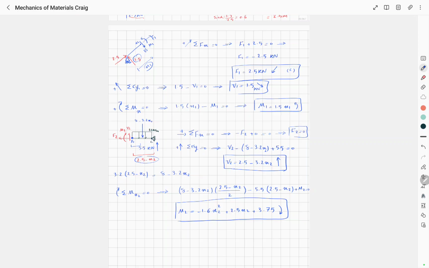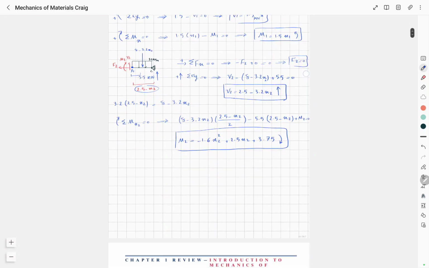V1 is also equal to 1.5, and M1 is 1.5 multiplied by x1. And at any distance of x2 from point B, we have F2 equal to 0, V2 equal to 2.5 minus 3.2 x2. And this is the equation for M2.